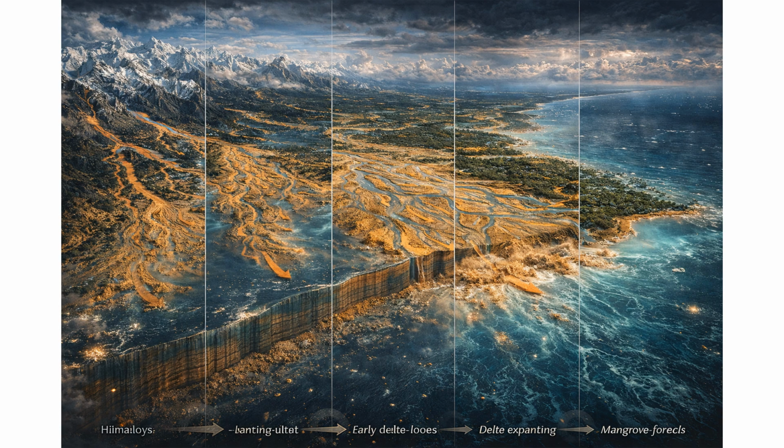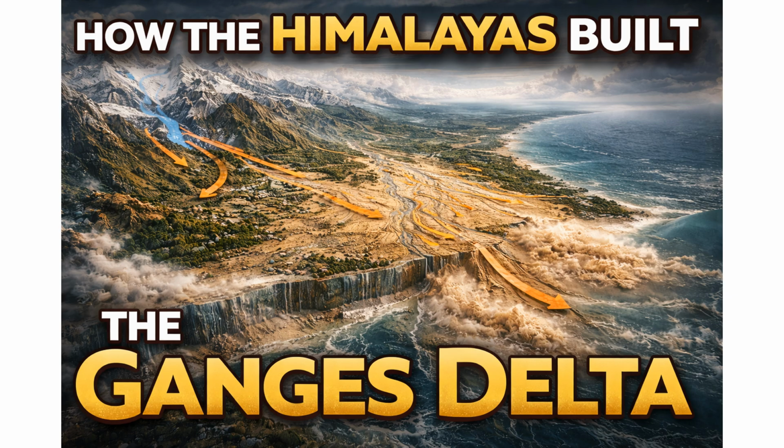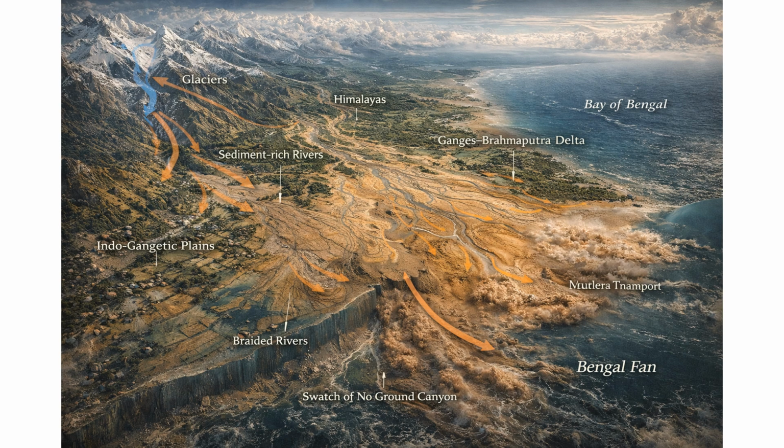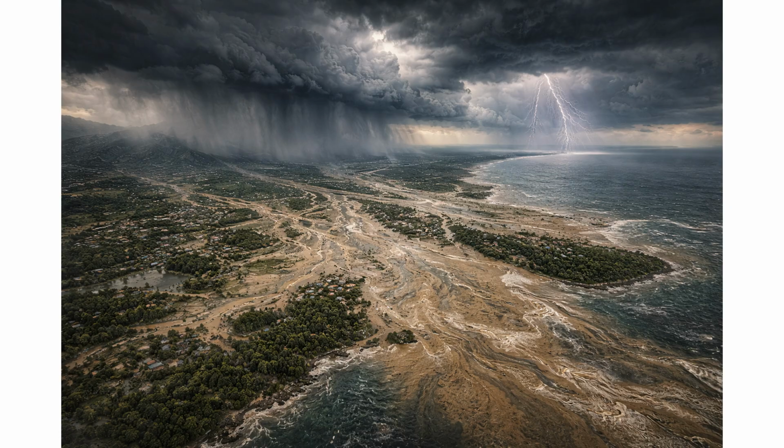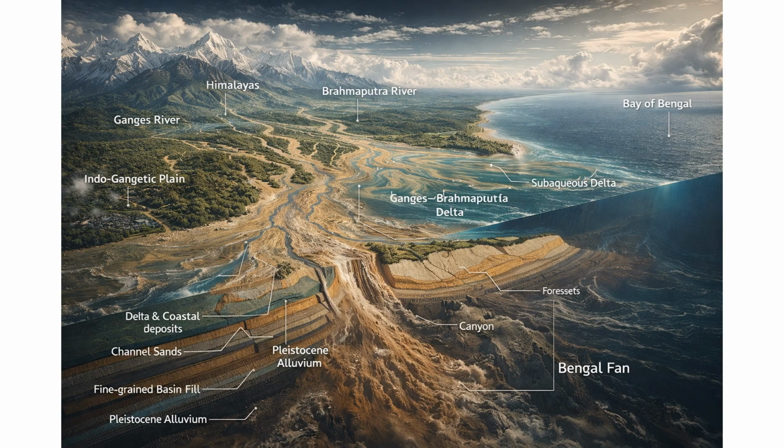The upper delta plain slopes gently towards the Bay of Bengal, with elevations generally ranging between 10 and 15 meters above sea level inland and decreasing towards the coast. The basin is bounded by several structural features, including the Shillong Massif and the Indian Shield, as well as the Tripura Fault Belt, which collectively influence the distribution of sediments and river channels across the region.